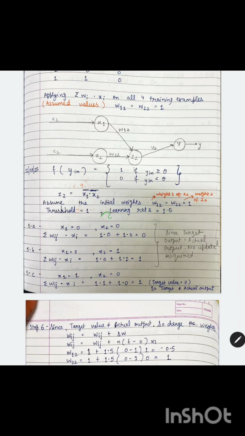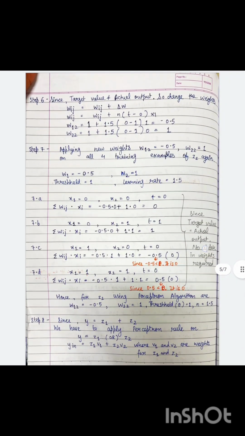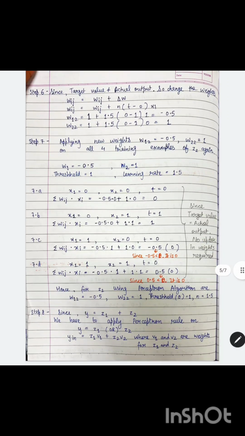So these are the new weights, which is minus 0.5 and 1. So these new weights are to be applied. So xi wi will be calculated, x1 w1 will be calculated with this, and x2 w2 will be calculated with this.